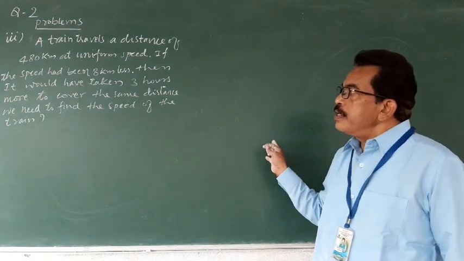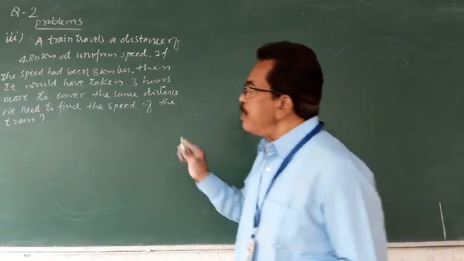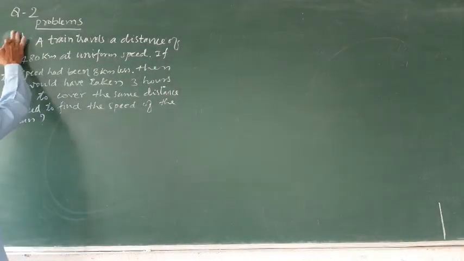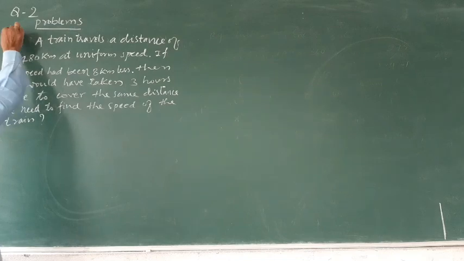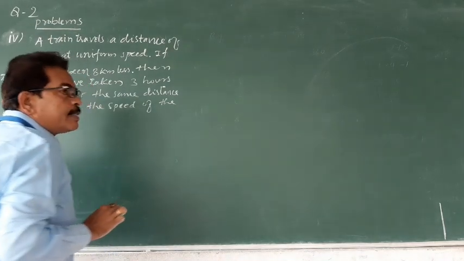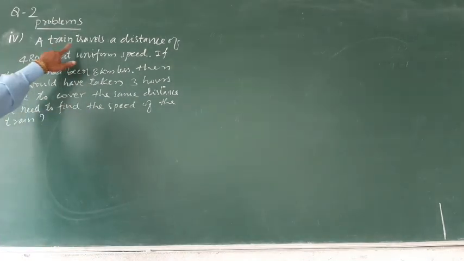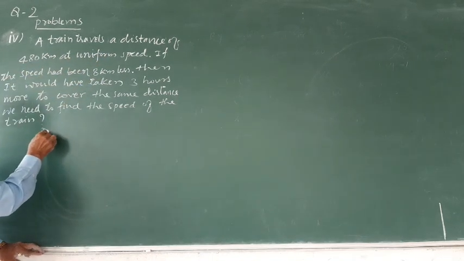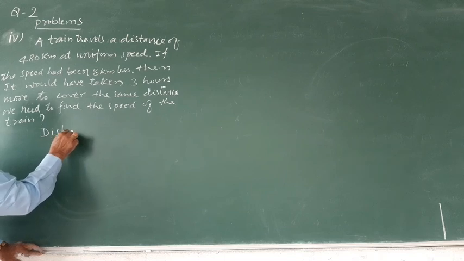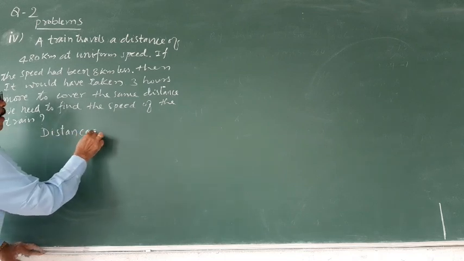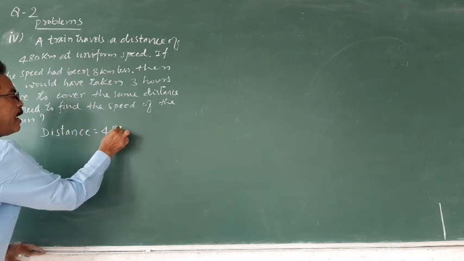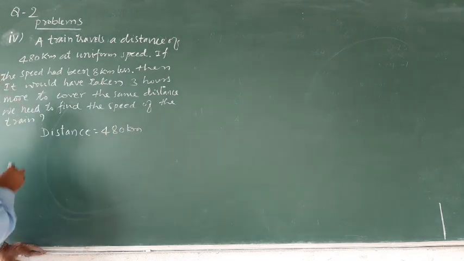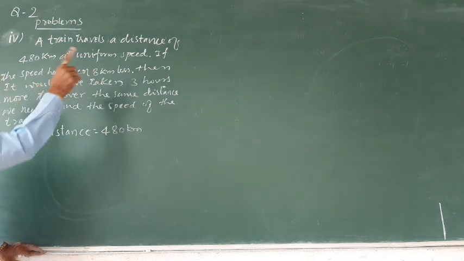Okay, see this one is the fourth one, not the third one. Fourth problem. A train travels a distance of 480 kilometers. So we should consider distance equals 480 kilometers at some speed.